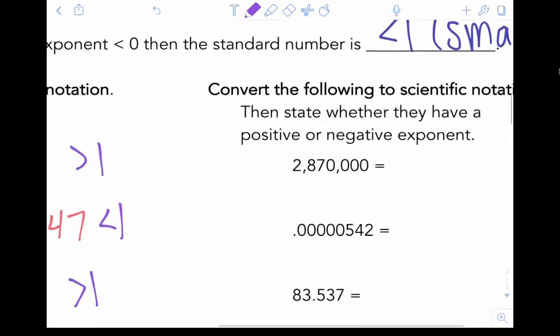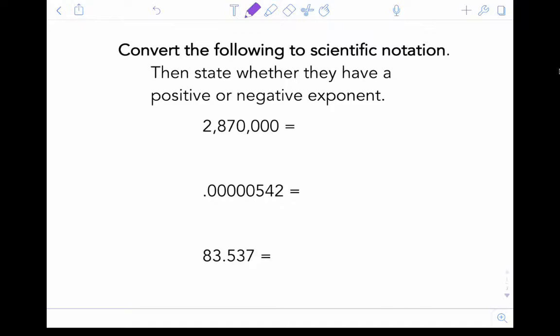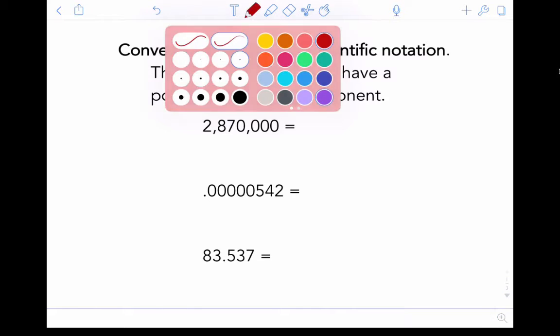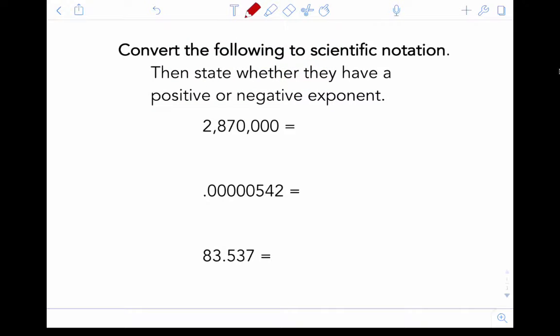All right, I'm going to go on over, and now we're going to go the other way. We're going to start with a number in standard form, and we're going to convert it to scientific notation. So when I do that, remember, I'm going to need a number that's between 1 and 10 times 10 to an exponent.